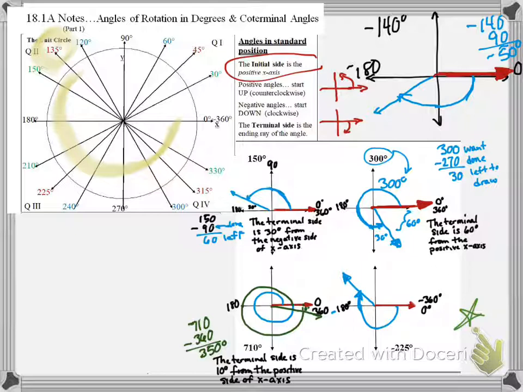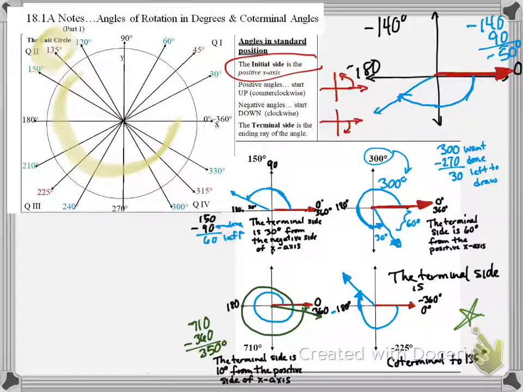That means that this angle, negative 225 degrees, is coterminal to 135 degrees. And I never wrote down for this one what I wrote for the one over here. So I'm going to also, while I'm here, think about writing the terminal side is, how many degrees is it from the x-axis?